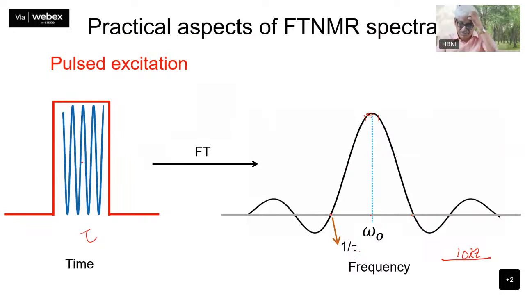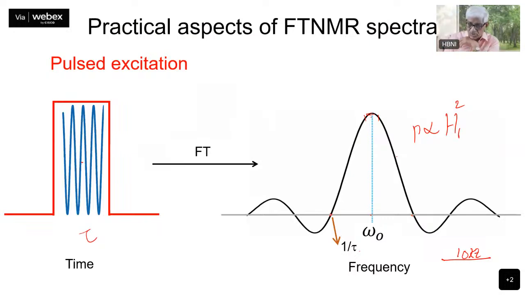You do have a uniform excitation there, with similar amplitude. The power is proportional to the square of the amplitude. So if H1 is the amplitude of your RF, then the power is proportional to H1 squared. Therefore you generate a very high power with the short pulse.